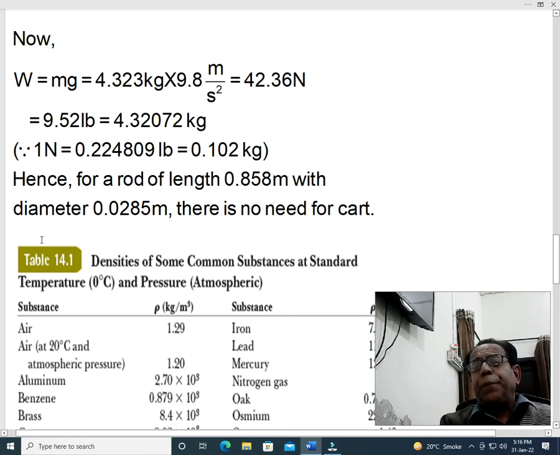Next, dear students, in brackets we have mentioned 'because'. These three dots, two in a line and one below, this symbol means because, since. Since 1 Newton is equal to 0.224809 pound, or equal to 0.102 kilogram.